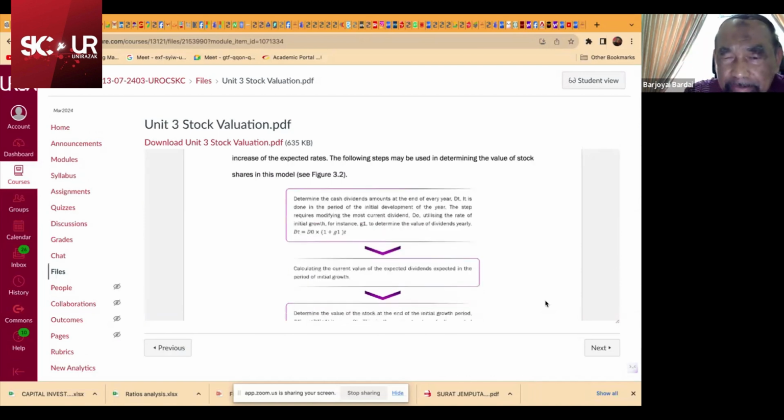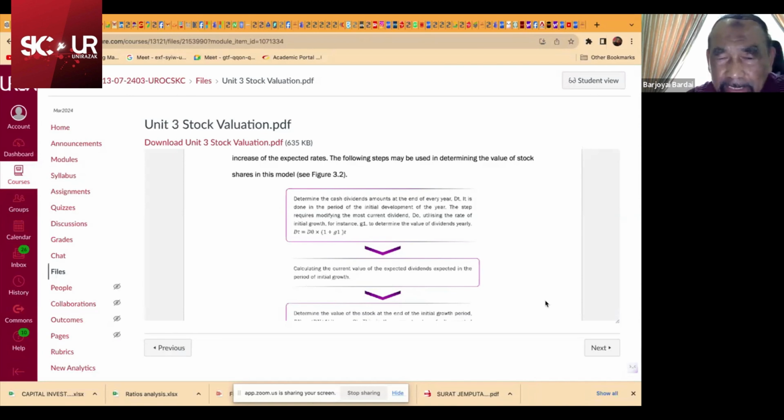First, we determine the cash dividend amount at the end of every year, Dt, in the period of the initial growth. The step will require modifying the most current dividend, using the rate of initial growth, for instance G1, to determine the value of dividend yearly.